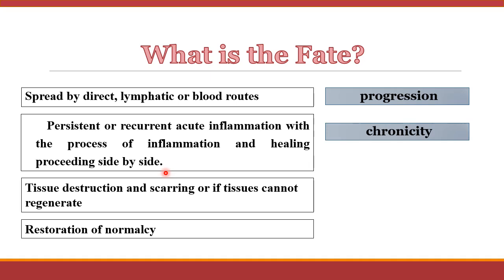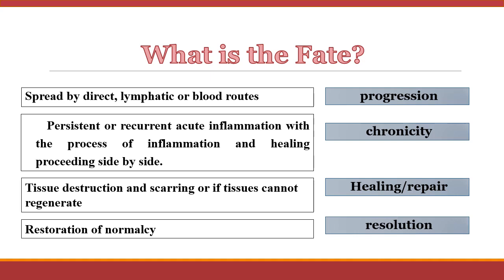Then we have a fate that is caused by tissue destruction and scarring, or it happens if the tissues cannot regenerate. This fate is healing by repair. And finally, if the acute inflammation was followed by restoration of normalcy or normal state, this will be called resolution. So these are again the 4 phases of acute inflammation.